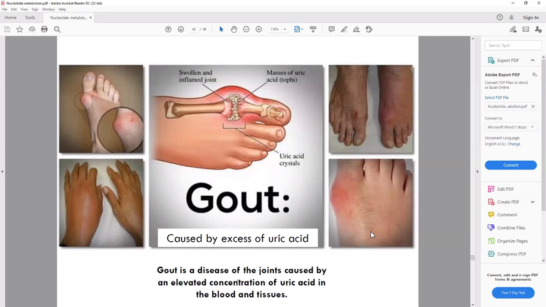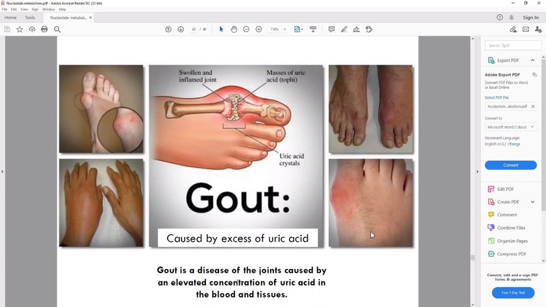Another one is gout. I'm sure gout is quite familiar to all of you. Maybe our parents experience this, suffer from this gout.